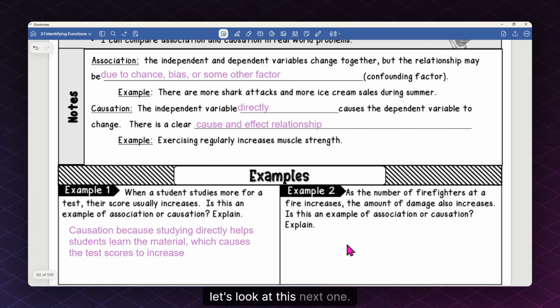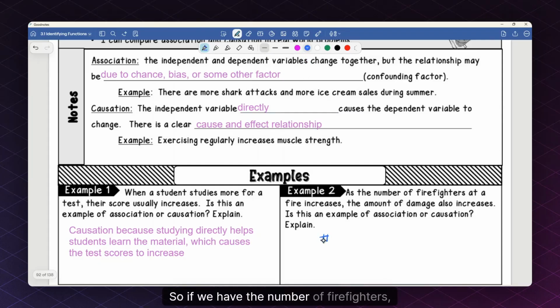Well, let's look at this next one. It says, as the number of firefighters at a fire increases, the amount of damage also increases. Is this association or causation? Okay, so let's think about this carefully.